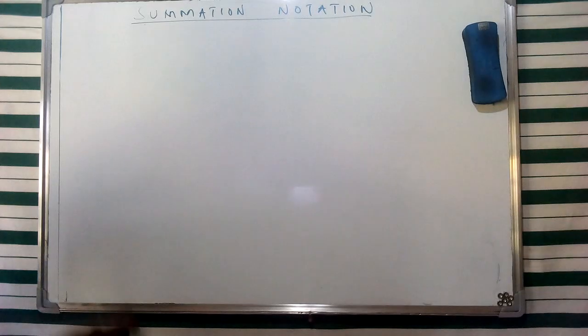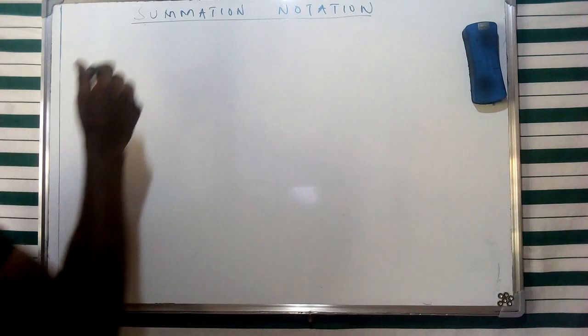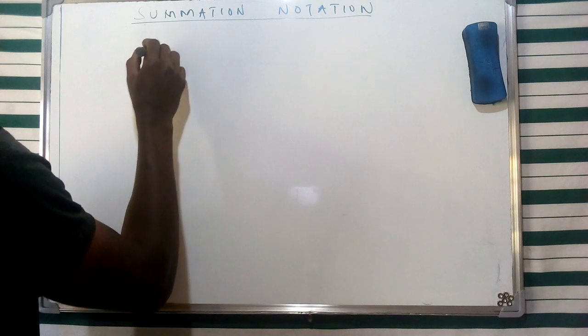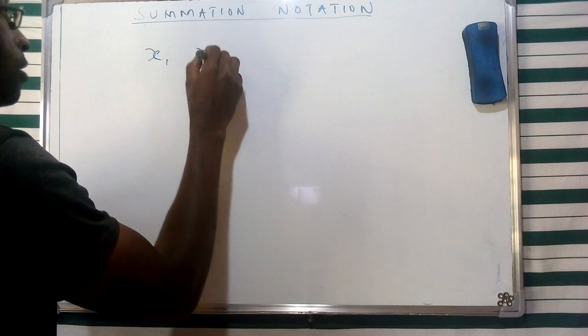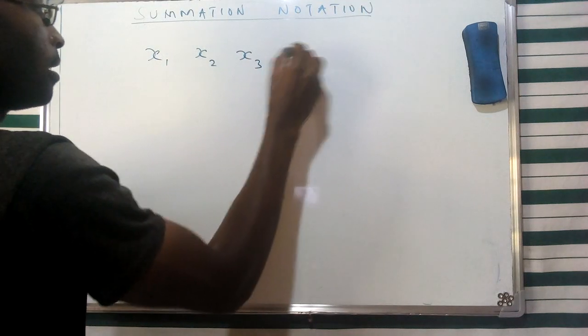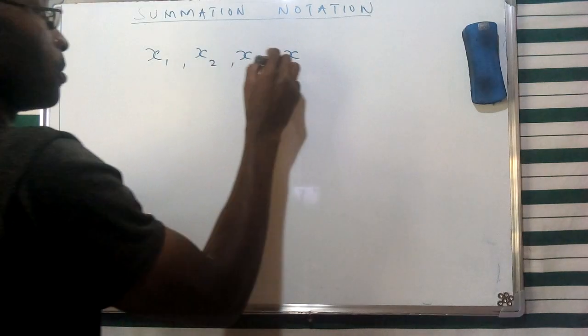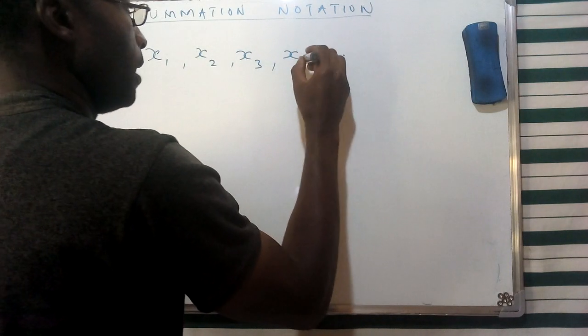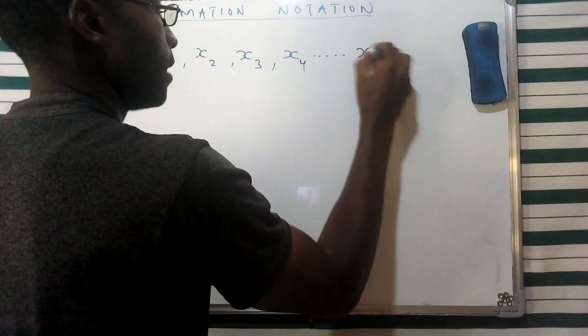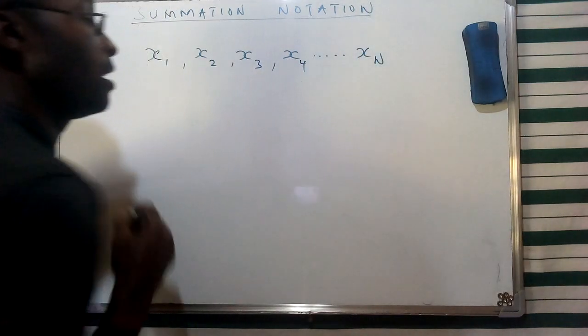So suppose we have a number of observations given as x1, x2, x3, x4 in that particular order. We can give this range of observations a number of n terms, up to xn.